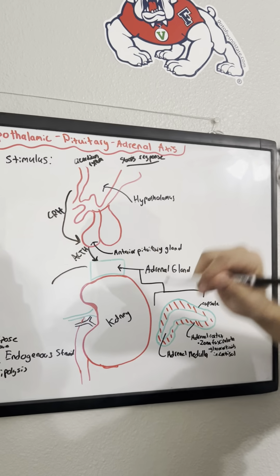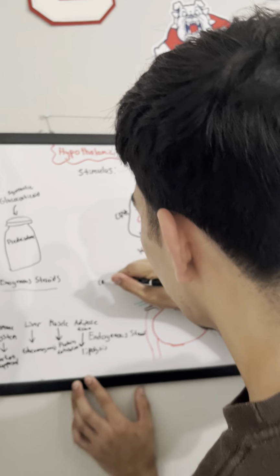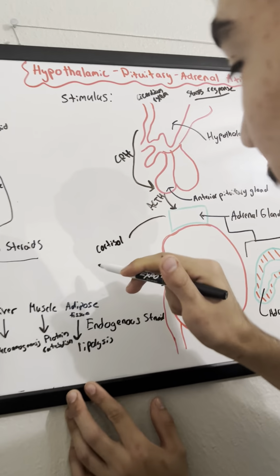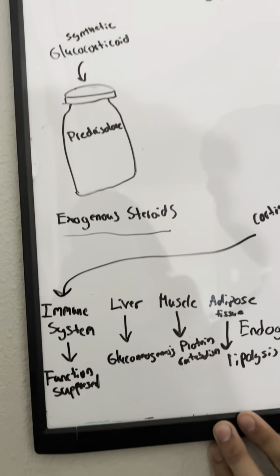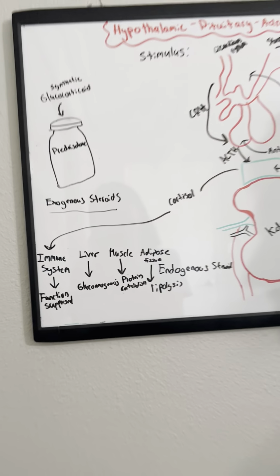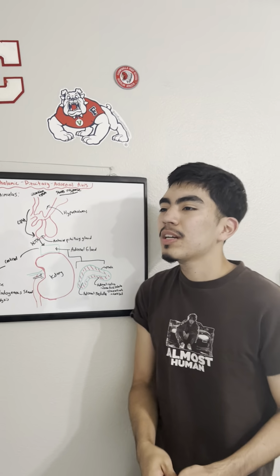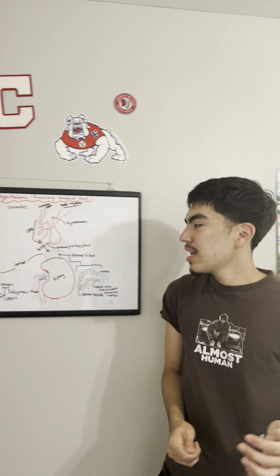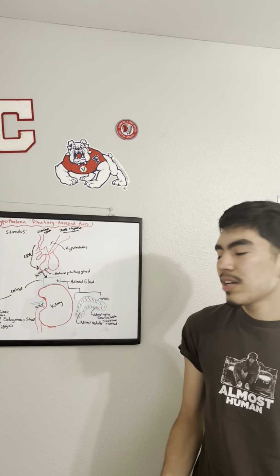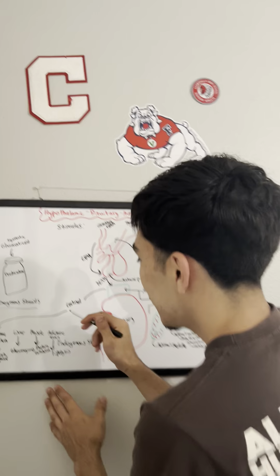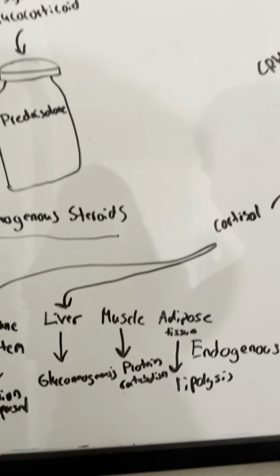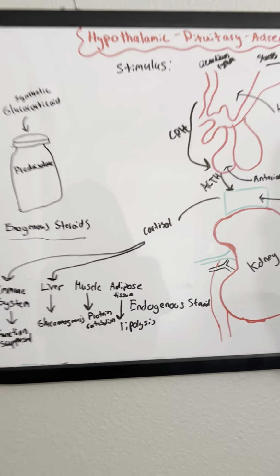What does it target? It targets many things. One of those things is the immune system. It suppresses the function of the immune system, so fewer cytokines and fewer immune cells are being secreted. Okay, so the next one is our liver, gluconeogenesis.